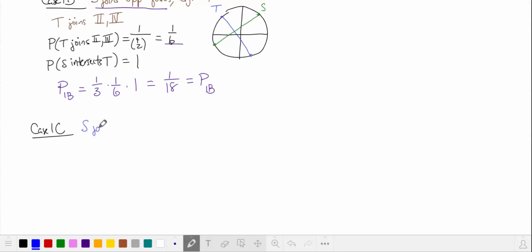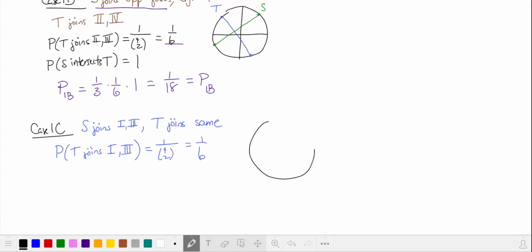Again, we have S joins 1 and 3, for example. This time T will join the same two quadrants. This again happens with probability 1/6. Sketching this situation, we'll call the endpoints of S, S1 and S2. Let's draw a segment T that joins the same two quadrants, and we'll call its endpoints T1 and T2 as before. S1 and T1 can be anywhere in the first quadrant, and S2 and T2 can be anywhere in the third quadrant.